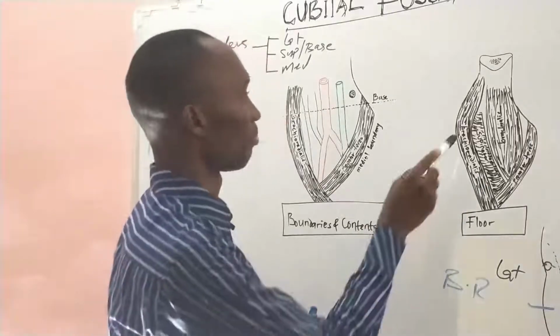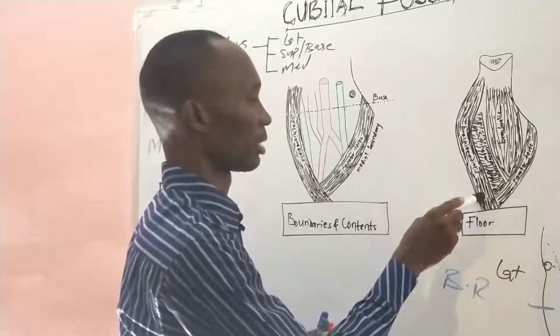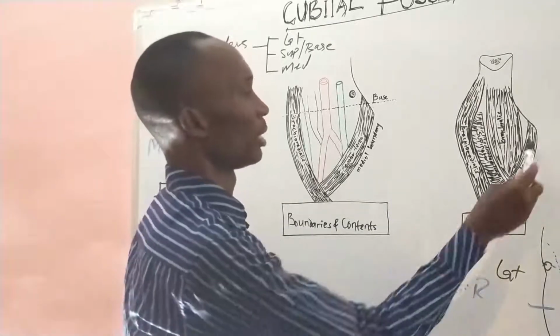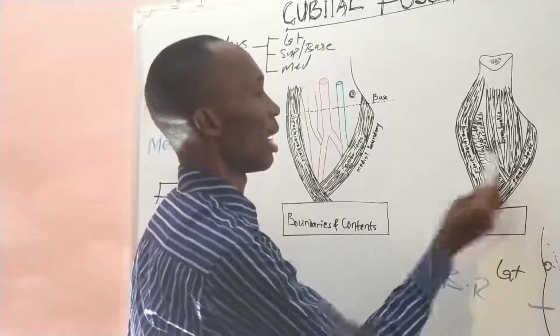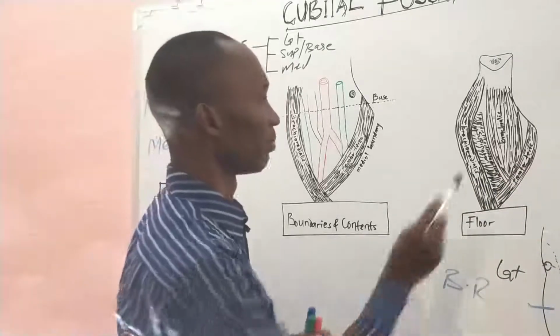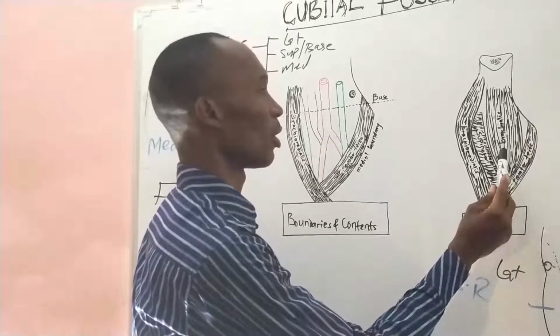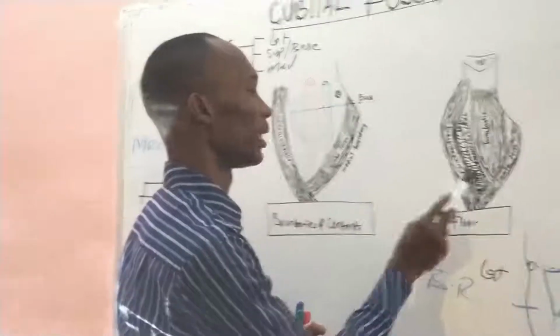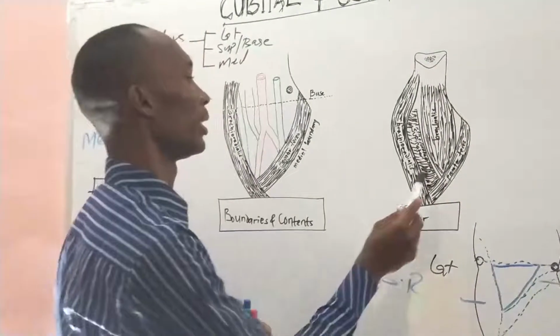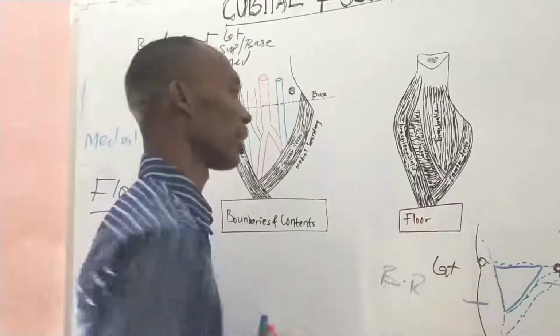Already we can pick out the brachioradialis, that's the lateral border, and the pronator teres, that's the medial border. The next two muscles form the floor. One is brachialis on the upper and medial side, and the other is the supinator, which is seen on the inferior and lateral side.